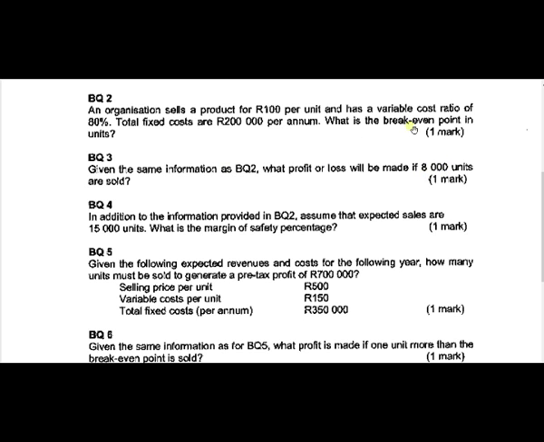The fixed cost is 200,000 from BQ2, and the variable cost is 80 Rand, from 100 multiplied by 80%. So it's 80% multiplied by 100, the variable cost per unit. You just need to multiply this and solve for the profit. Your answer will be a loss of 40 Rand.